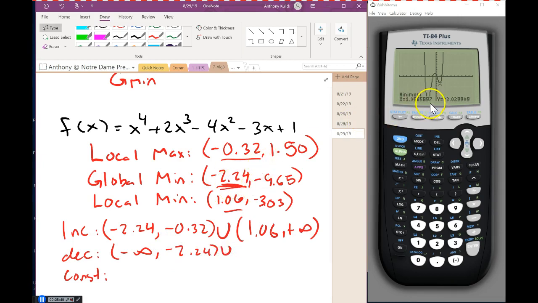My other decreasing section goes from the local max to the local min. And I don't see any constant parts, do you? We got none of those.